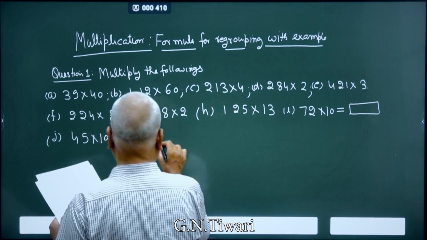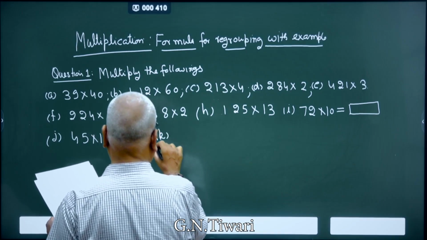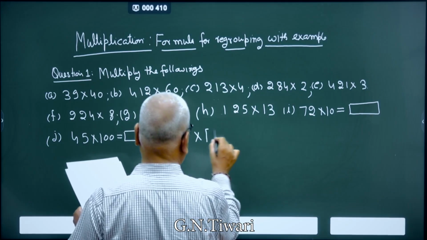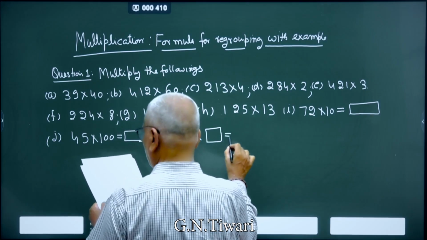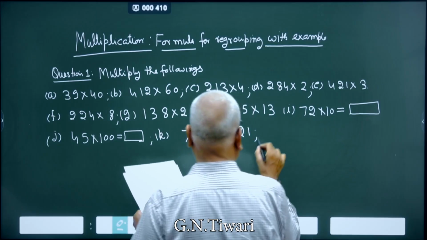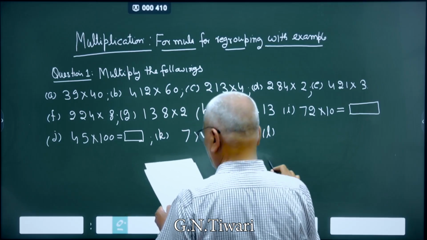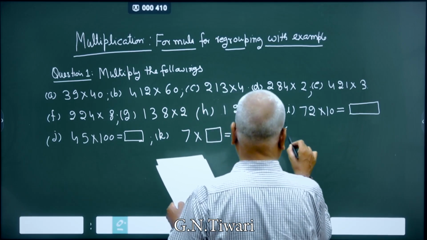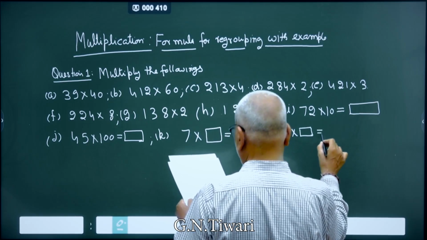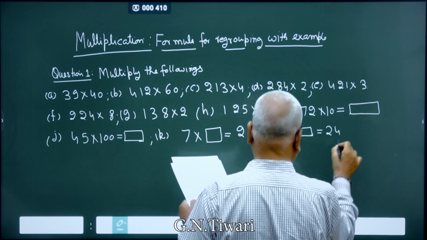Then K is equal to 7 into 21. L is equal to 6 into 24.